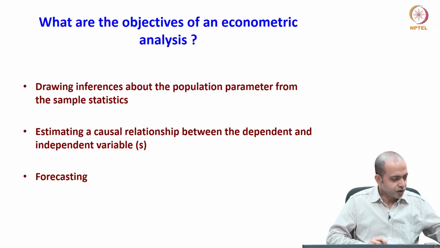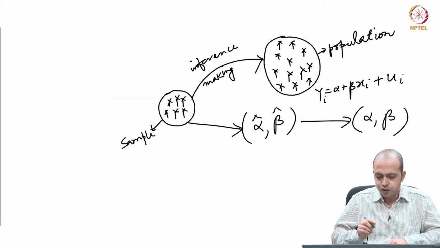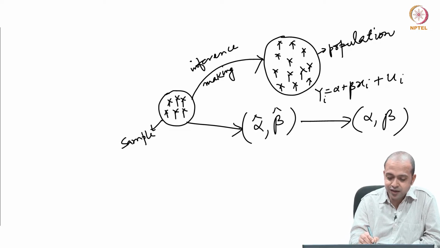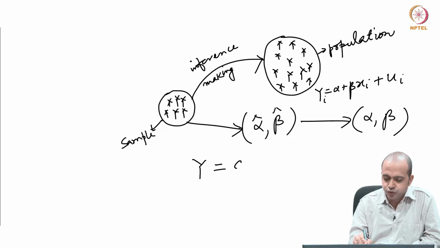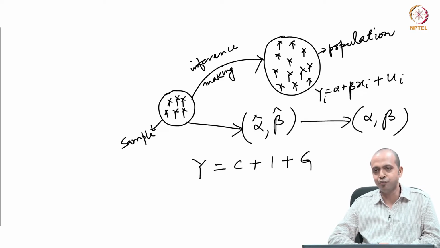For that, we should think about one macroeconomic identity. If you are aware of the national income identity, where Y is equal to C plus I plus G. C is consumption expenditure, I is investment expenditure, G is the government expenditure.